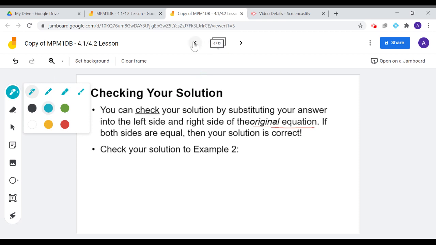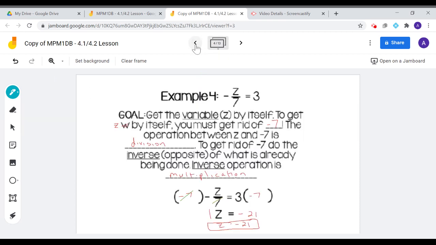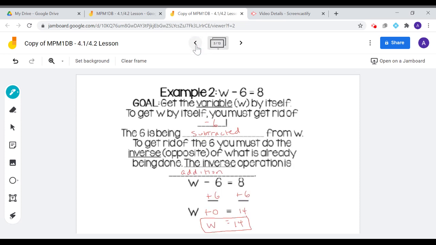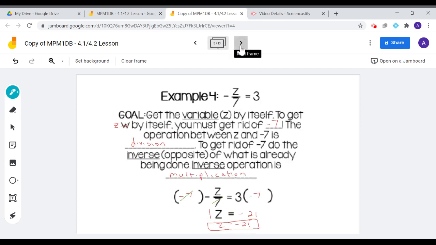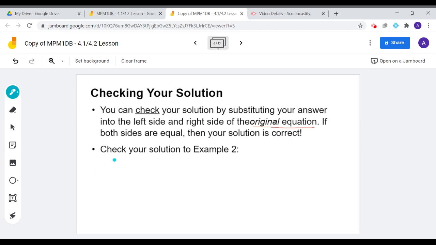So we want to check our solution to example 2. In our previous video, we saw example 2 was w minus 6 equals 8, and we thought w was 14. Now, if I want to check, I'm going to set up a left side and right side chart.